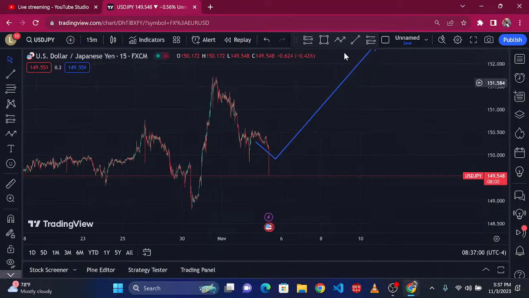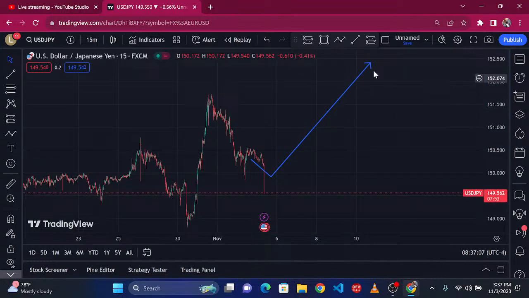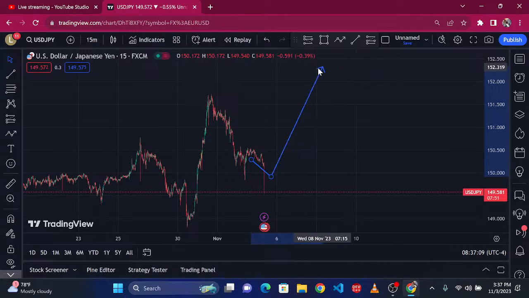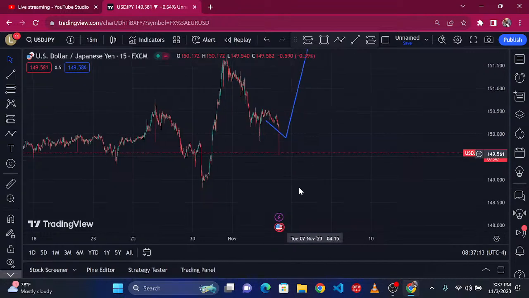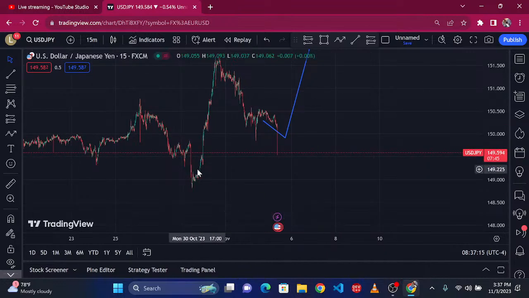If EURUSD takes out my stop loss up there, I'll be out for today. Risk what you can lose. Yeah, man. This USDJPY.